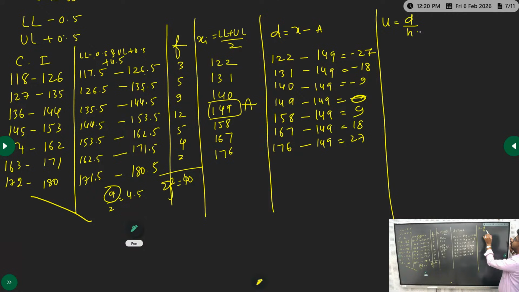What is the h value? 9. 9 threes are 27. Minus 3, minus 2, minus 1, 0, 1, 2, 3.